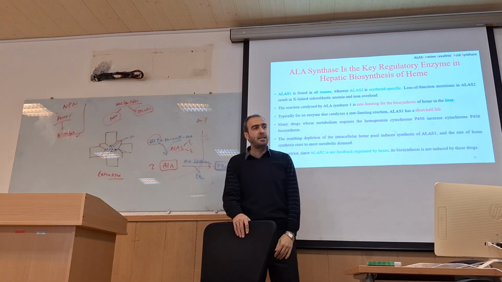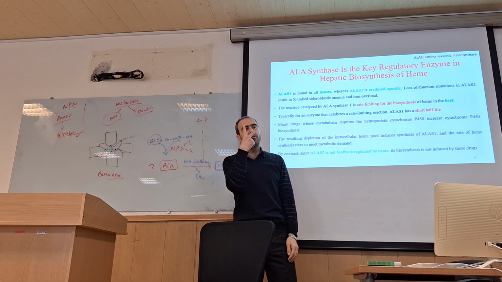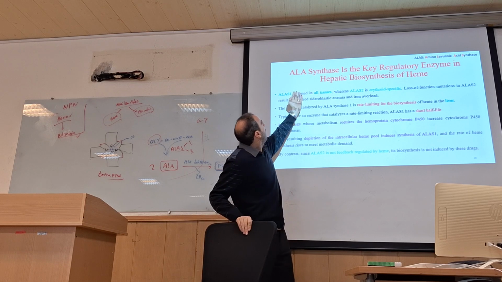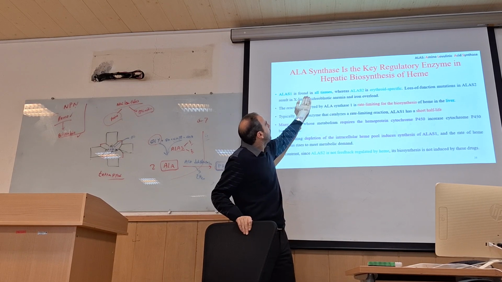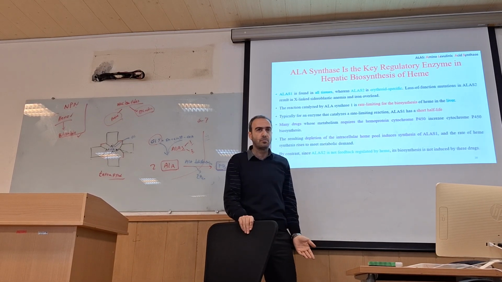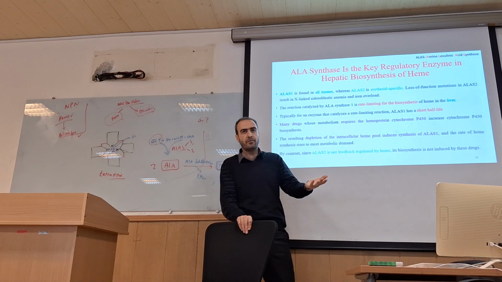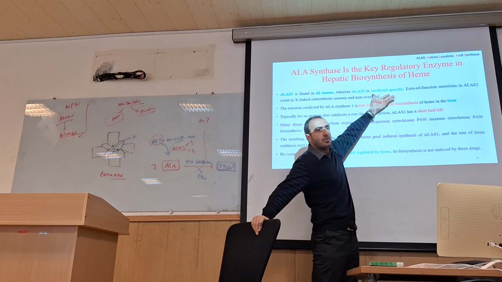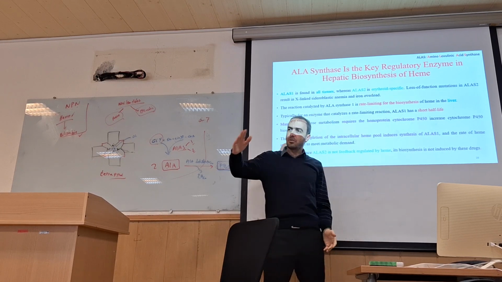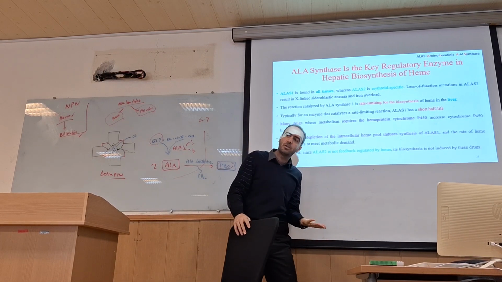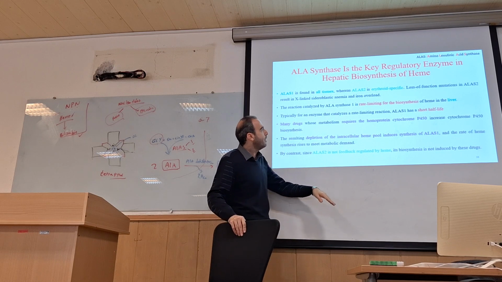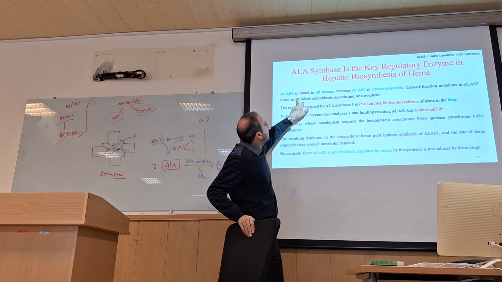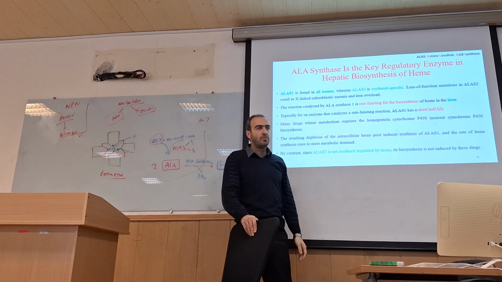Related to ALA synthase, I told you we have two kinds: ALAS1 and ALAS2. ALAS1 is found in all tissues, especially in liver. And ALAS2 is just in bone marrow. So ALAS2 in bone marrow, ALAS1 in all tissues. And ALAS2 defects lead to X-linked sideroblastic anemia.